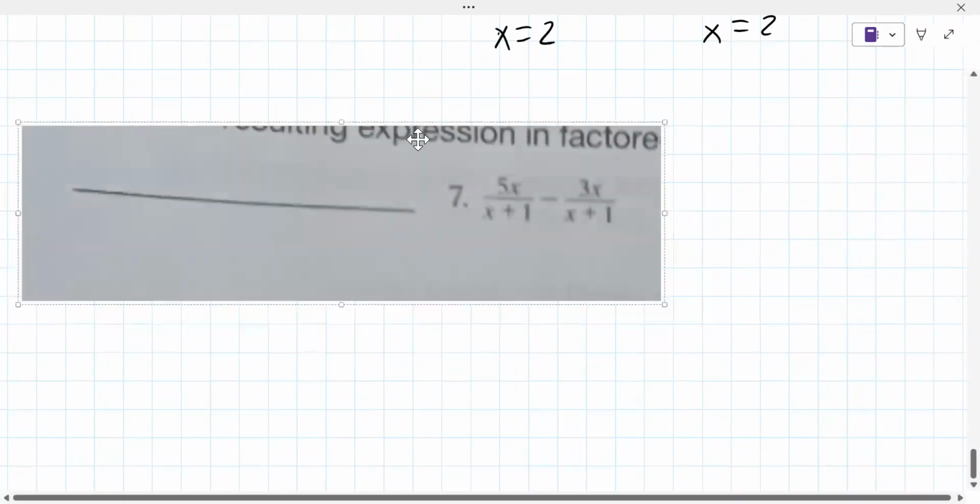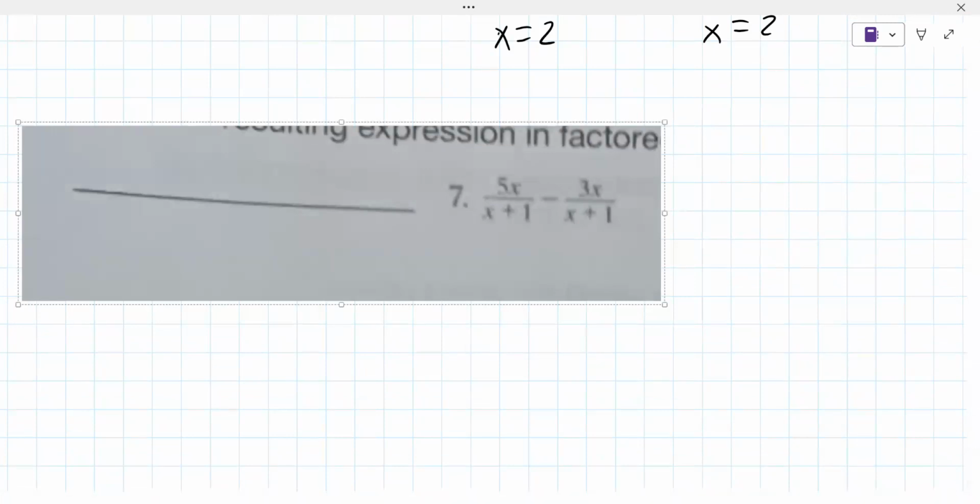Okay. All right, so take a look at this problem here. The instructions say to perform the indicated operation on the rational expressions. What is the resulting expression in factored form? Okay, so first of all, we're going to combine these.